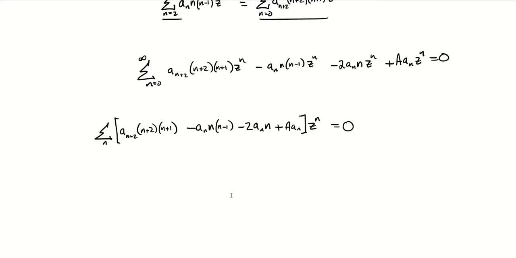Now, for this to be true for all z, essentially these coefficients have to be equal to 0. All the coefficients must independently add to 0.